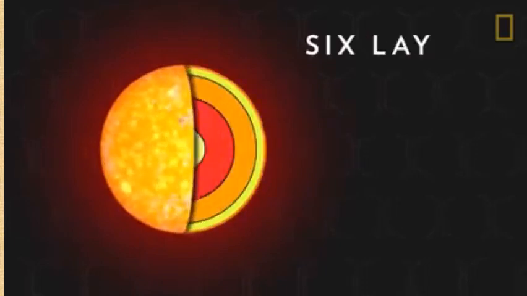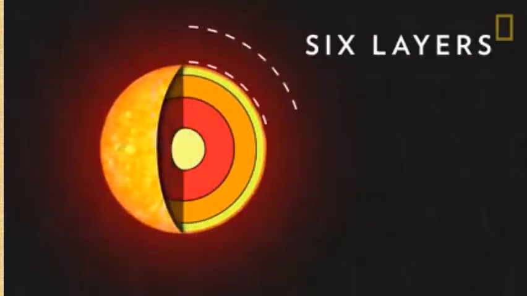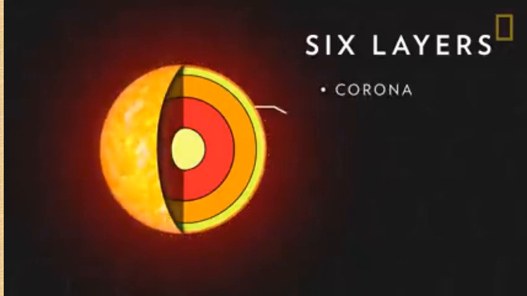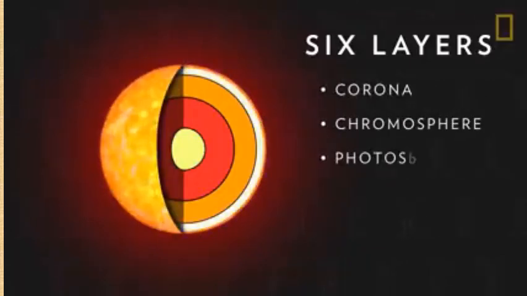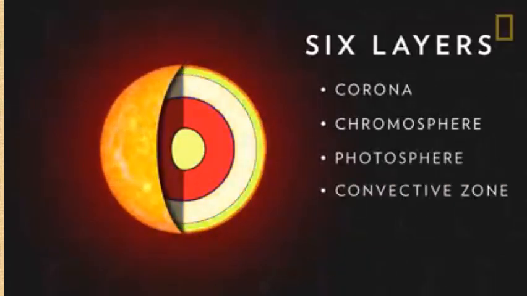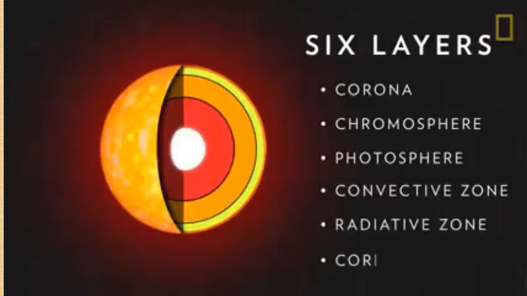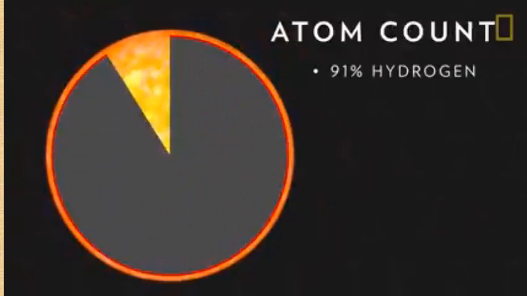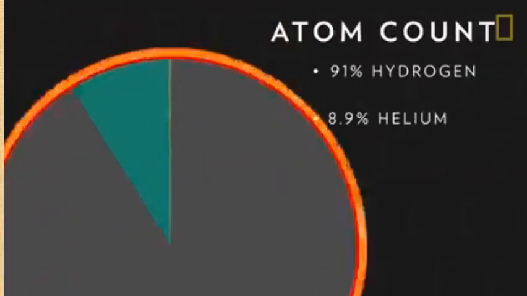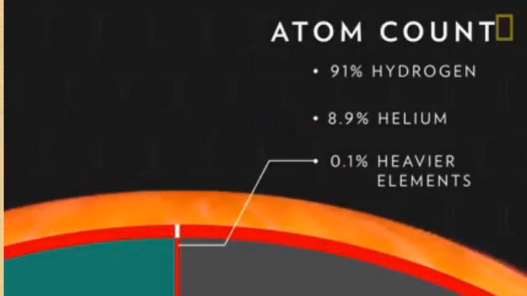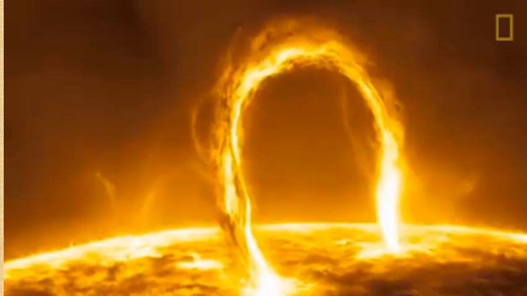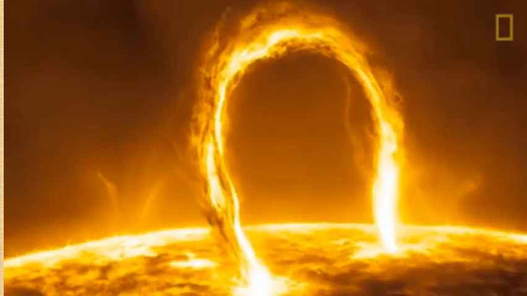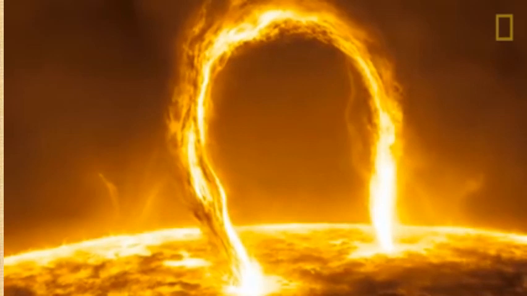The sun can be divided into 6 layers or regions: the corona, the chromosphere, the photosphere, the convective and radiative zones, and the core. In terms of atom count, the Sun is about 91% hydrogen, the Sun's fuel, 8.9% helium, and 0.1% heavier elements, such as carbon and nitrogen. Due to the Sun's extreme temperatures, these elements stay in a gas-like phase called plasma.